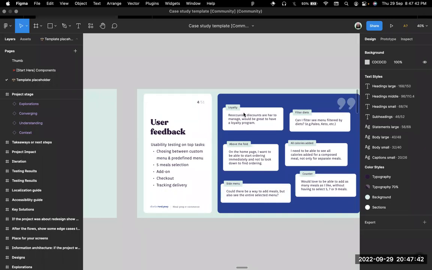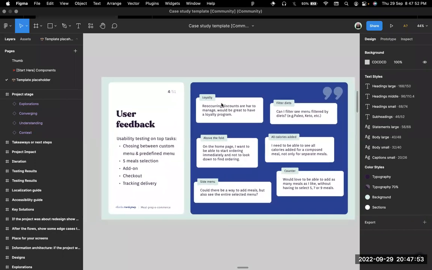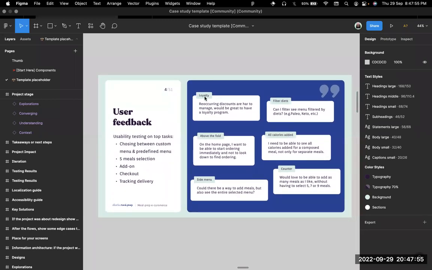For me, instead of using the term loyalty, I'll probably use discount directly right here. But I believe I understand. I don't think I would use this term here, by the way. But yeah, so recurring discounts, is this supposed to be hard to manage? I don't know, hard to manage.